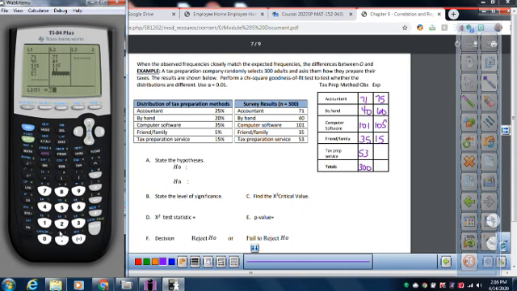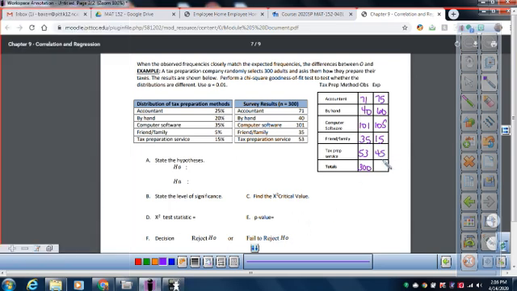And then 300 times 0.15, which is 45. And if you add those up, you should get 300 as well.